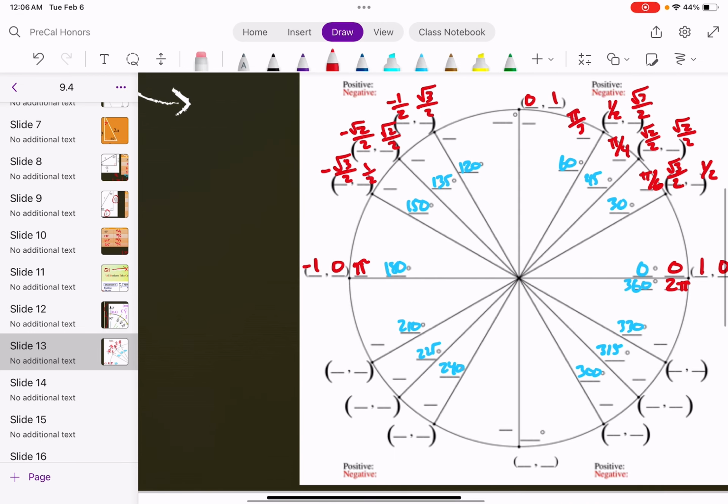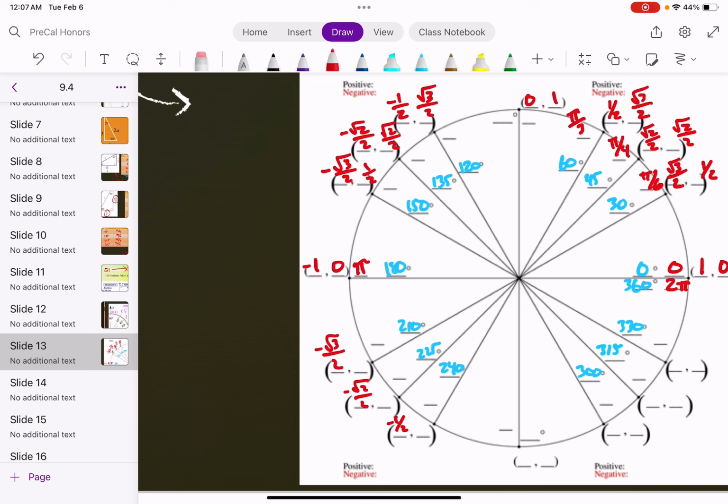Now, as we start working our way down towards our third quadrant, we are still to the left-hand side of our y-axis, so we remain with that negative x for each one of the points. So negative 1/2, negative square root of 2 over 2, and negative square root of 3 over 2.